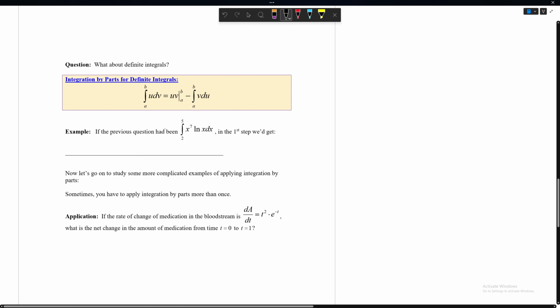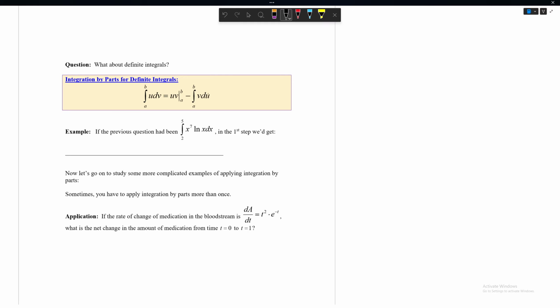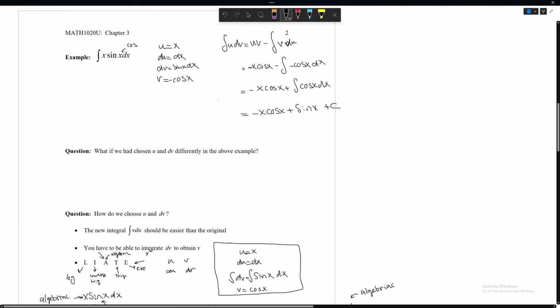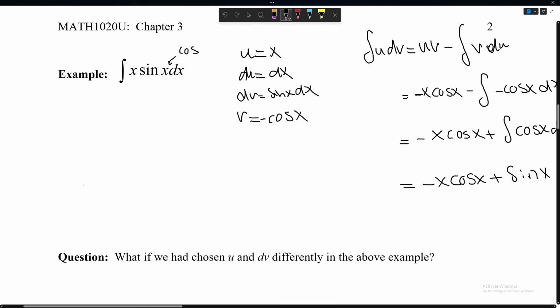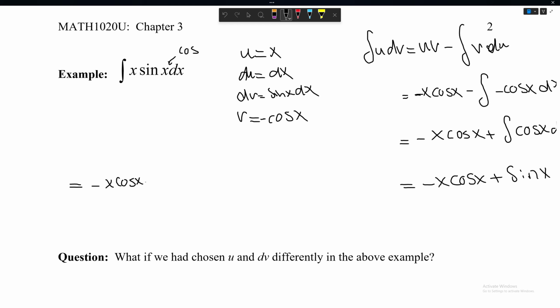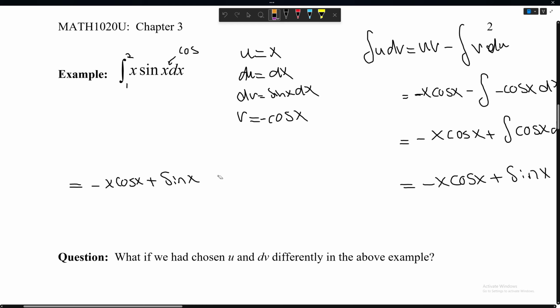And so integration by parts of a definite integral, you just take, so you see here, we go up to our example earlier. I'm going to rewrite it here and zoom in. So I get equals my negative x cos x plus my sine x plus c, right? Assuming this is a definite integral, let's say I go up here and it says integrate from 1 to 2, right? When you have a definite integral, you don't get a plus c, right?